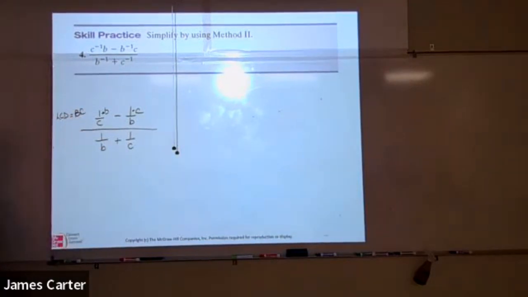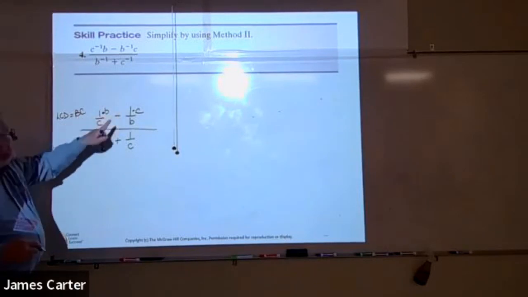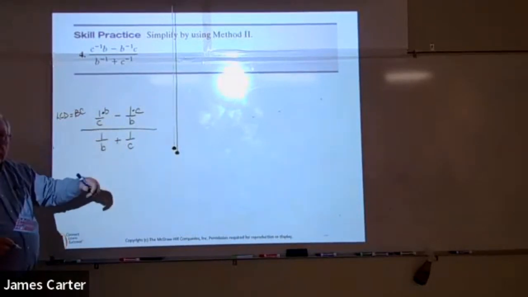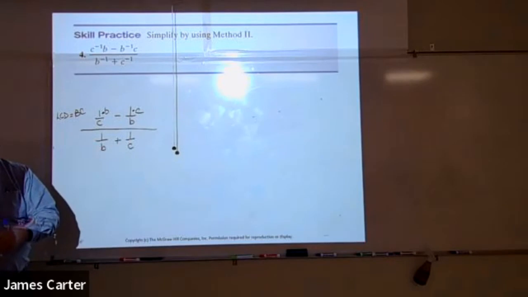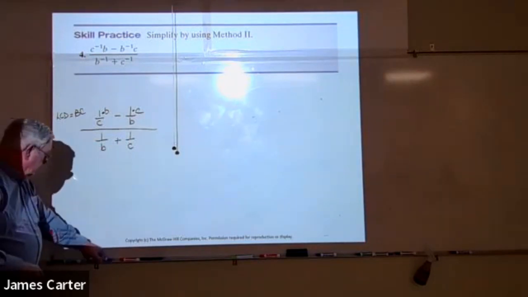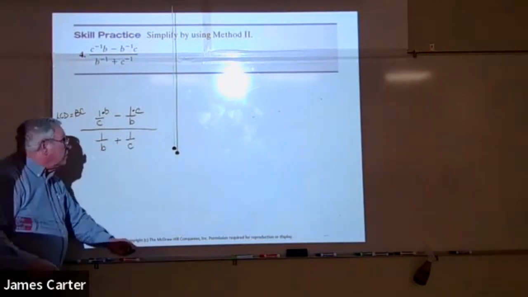BC. Okay. What are we going to do? We're going to multiply BC times all 4 of these, cancel where we can, and simplify. Okay. So that's the way we're going to work that one.